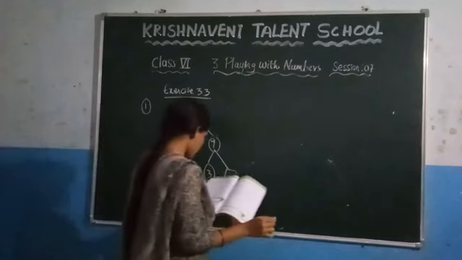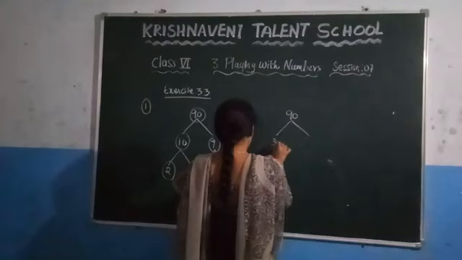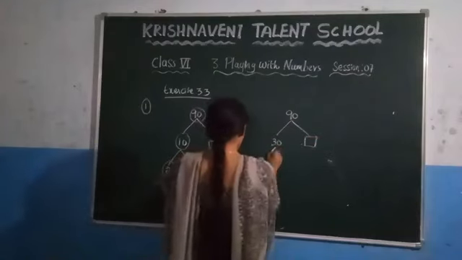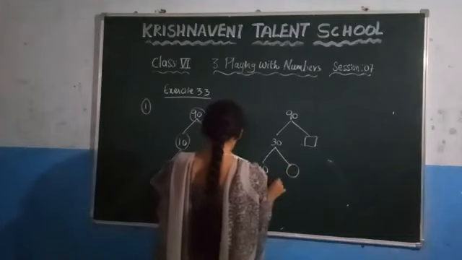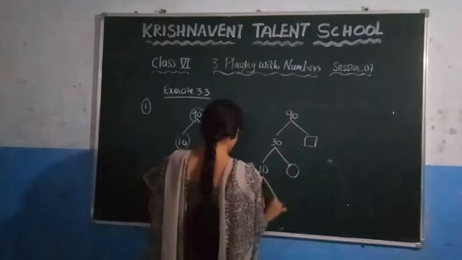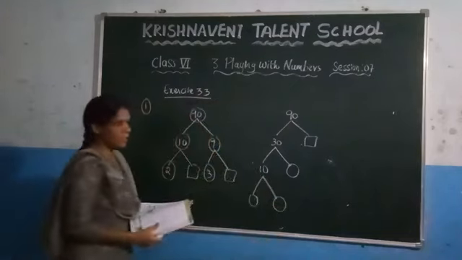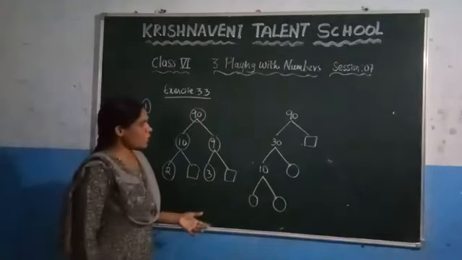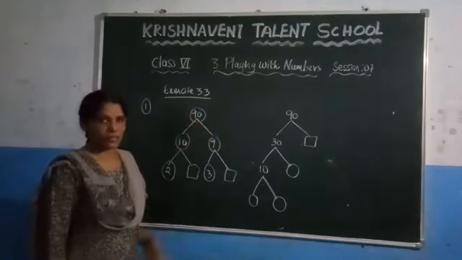And in the next question they have given 90, here 30 given, and after that here 10. You need to fill this one, and similarly you need to fill these two. Here clearly you can see that they factorized this 90 by using the factor tree method.